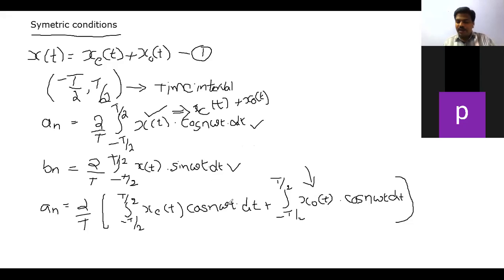Already in the last topic we have discussed the integration of the product of two even functions, and the integration of two odd functions.